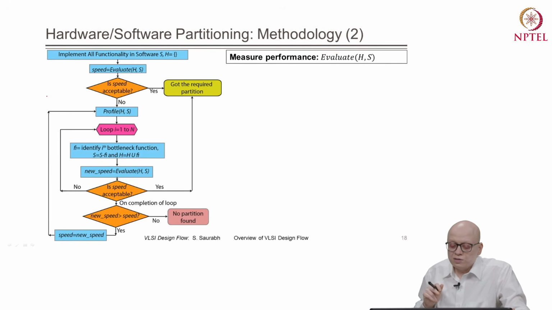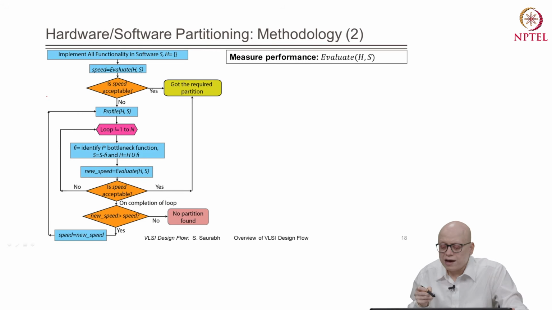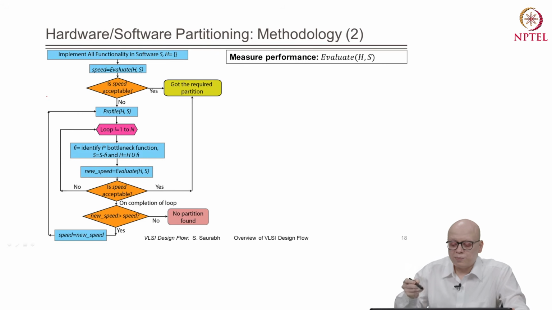When we do hardware software partitioning, we need to measure what the performance is, right. In this pseudo code or flow chart, I am showing the task of measuring the performance using the function evaluate(H, S), right.